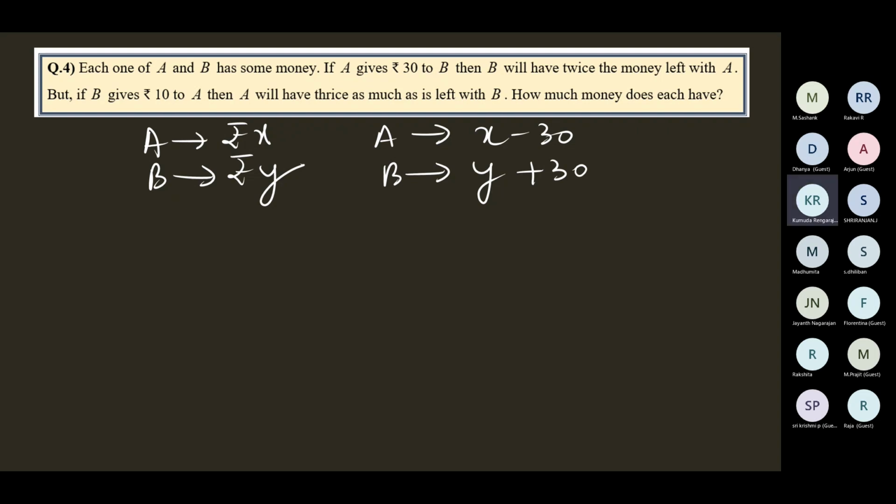Now, then B will have twice the money left with A. Read the question and construct the equation. See, read it.